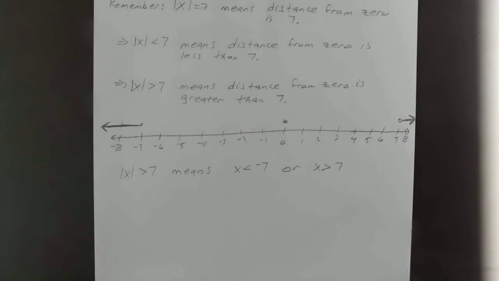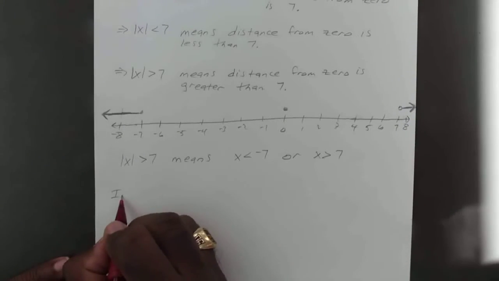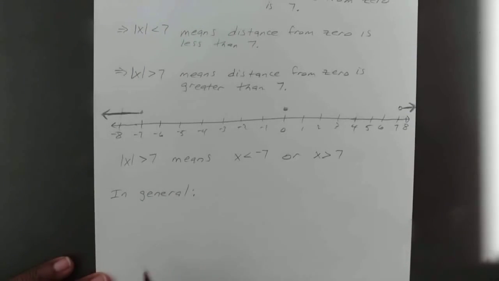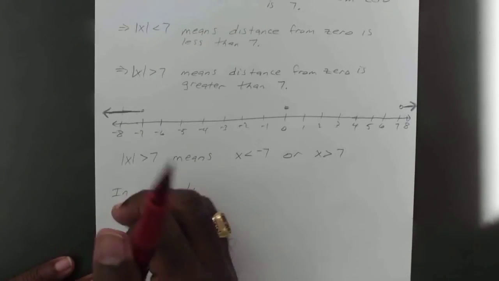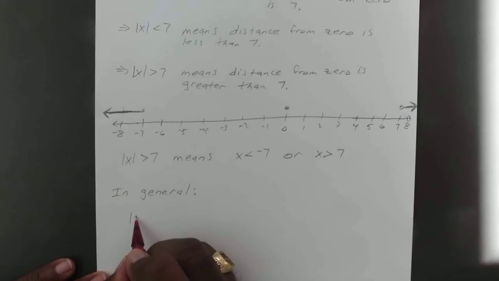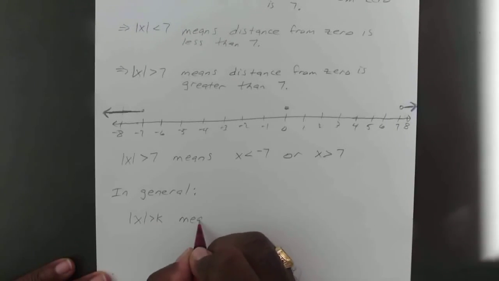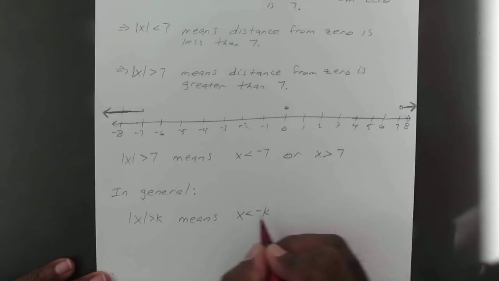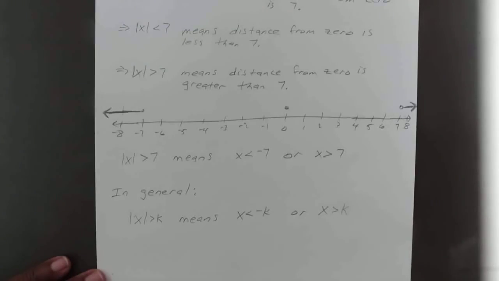Okay, so if we wanted to write that as a general idea, absolute value of x is greater than k means that x is less than -k or x is greater than k.